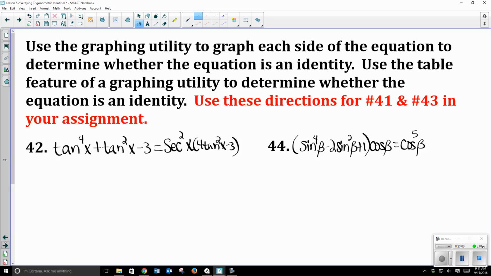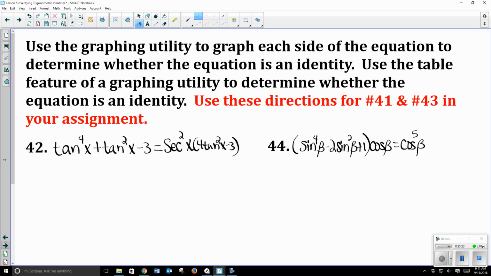On this one, all you're doing is typing the left-hand side into your calculator, the y equals function. So y equals tangent 4x plus tangent squared x minus 3. And then below that, you're typing in secant squared x times 4 tangent squared x minus 3, and you're looking at the two graphs.